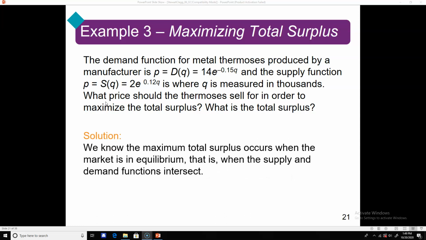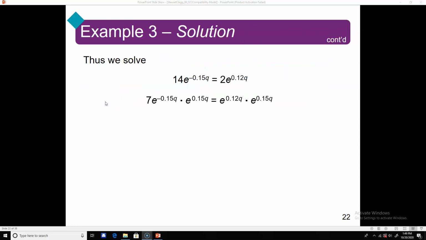So we're going to set 14e to the negative 0.15q equal to 2e to the 0.12q. And so we can multiply by e to the 0.15q, because remember, when two exponential quantities have the same base, you add their exponents. So on the left-hand side, when you add those two, you'll get e to the 0, which is just 1. So we'll be left with 7 on the left.